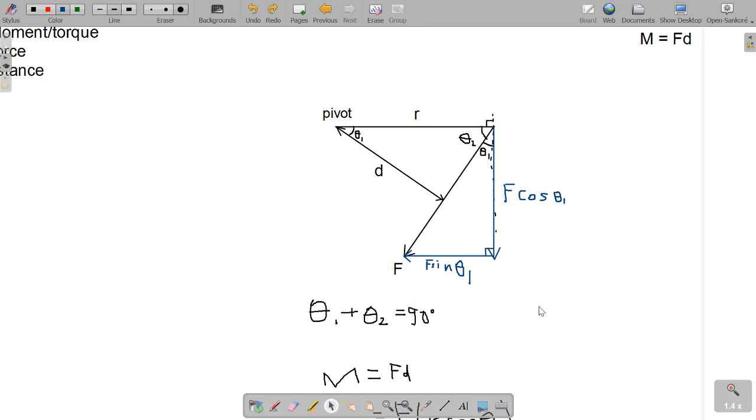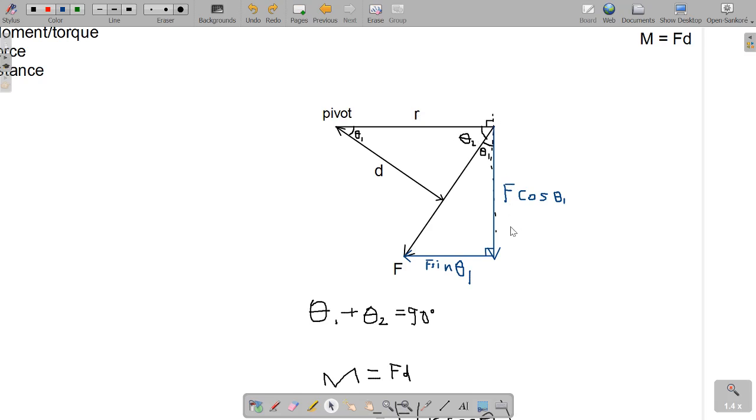So basically you can move this force here and it will not affect anything. This F sine theta 1 is the force pointing inwards towards the pivot, so this force will basically not affect the rotation at all.